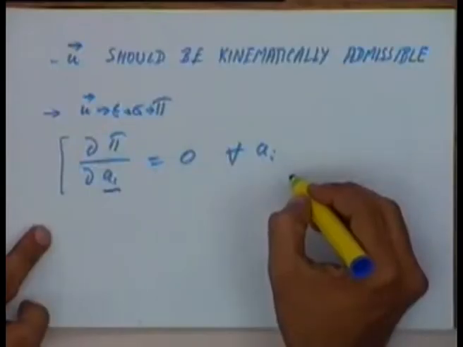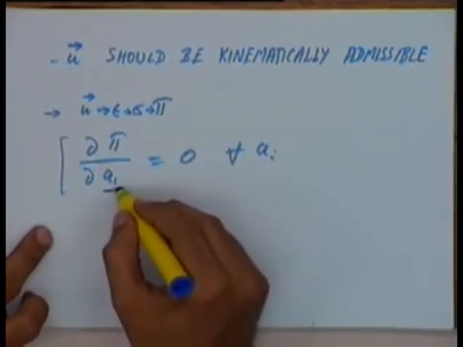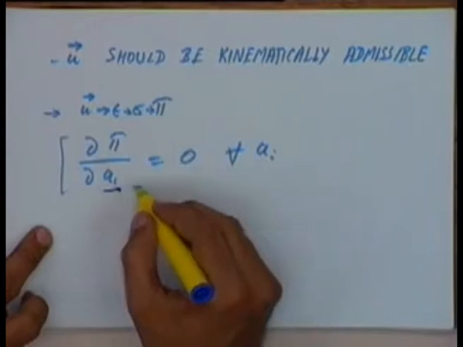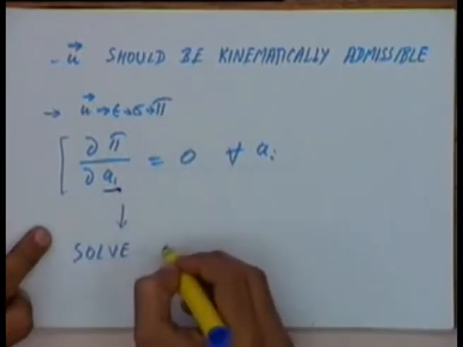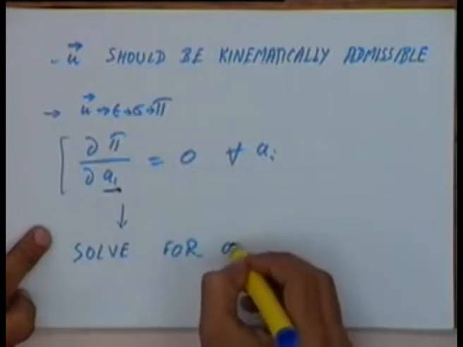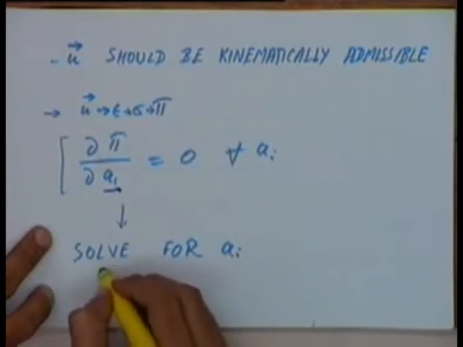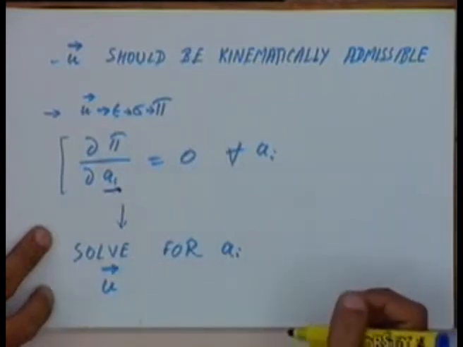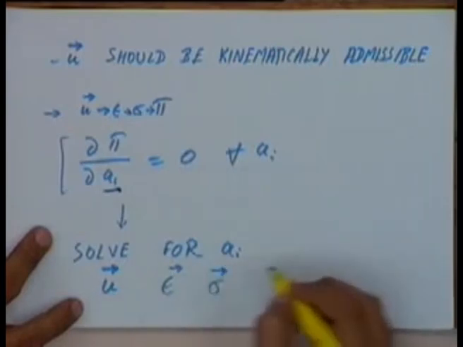This system of equations will be in ai, so from this we will solve for ai. Once we solve for ai, then we can get the u vector. Once we know u, we can also get epsilon and we can get sigma.